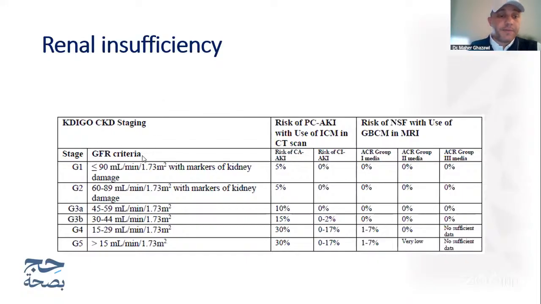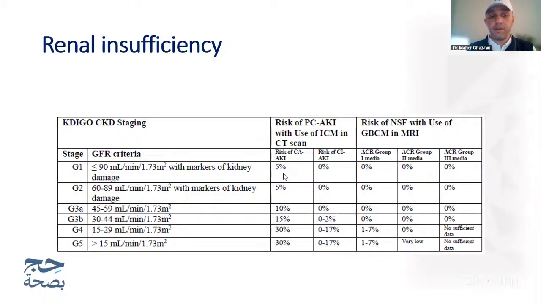Renal insufficiency. In case of chronic kidney disease, we have to check the GFR. If the GFR is above 30, we will consider it grade 1, 2, 3A, or 3B. In grades 1, 2, 3A, and 3B, you can see here in the table the risk or prevalence of complications related to contrast-induced acute kidney injury or contrast-associated acute kidney injury is very, very low.